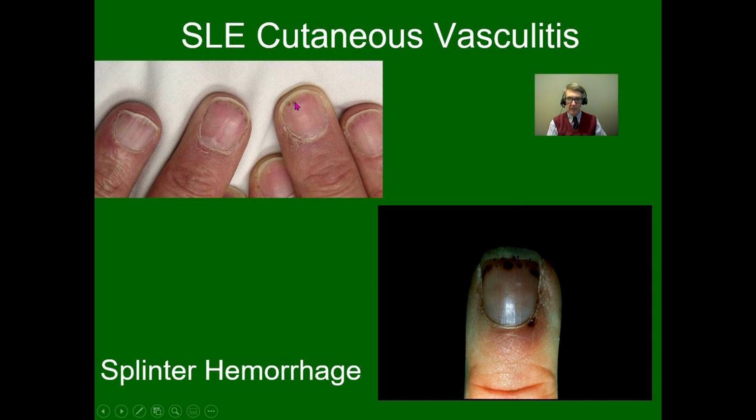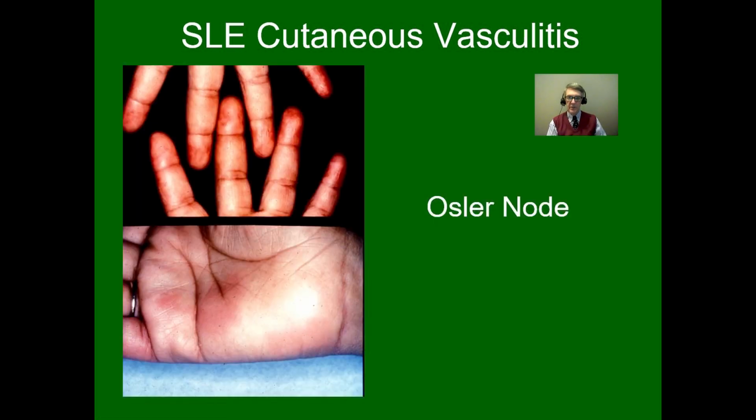These are splinter hemorrhages. They can occur with vasculitis. They can also occur with what's called bacterial endocarditis. Endocarditis is an inflammation of the heart valves, and it can throw little clots out to the tissue. Or, like I say, this can occur with a vasculitis such as we see in systemic lupus. This is an Osler node.